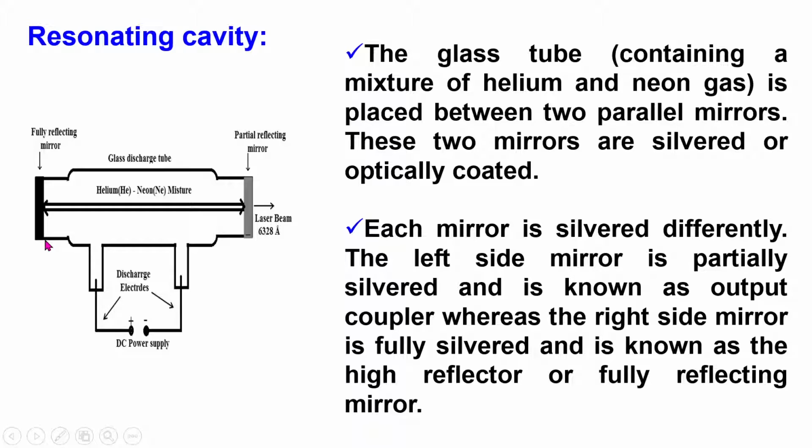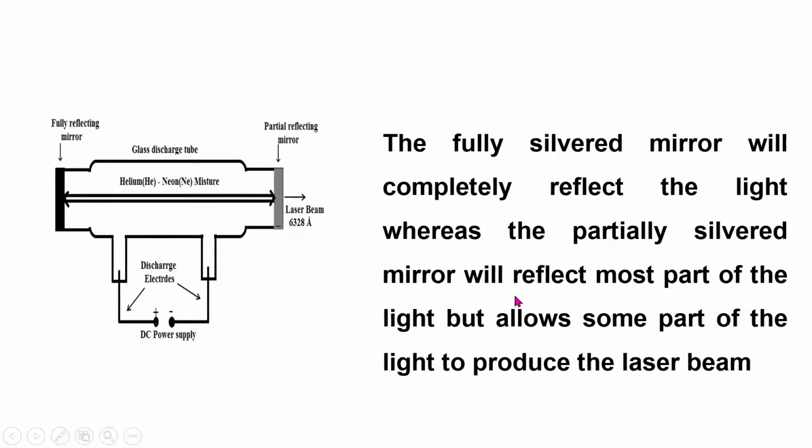That means one mirror has 100% reflectivity and the second mirror, the output mirror, has partial reflectivity. So the pair of these two mirrors forms the resonating cavity, also known as the optical resonator.